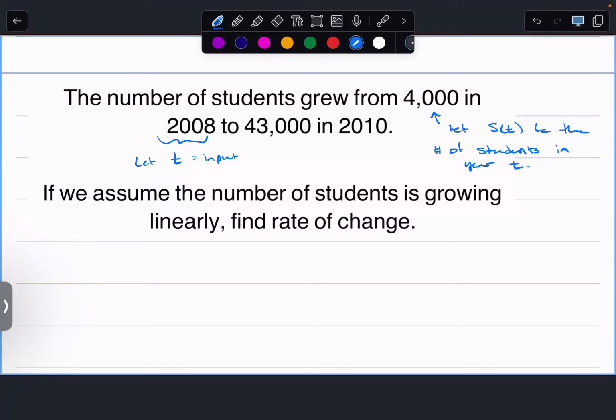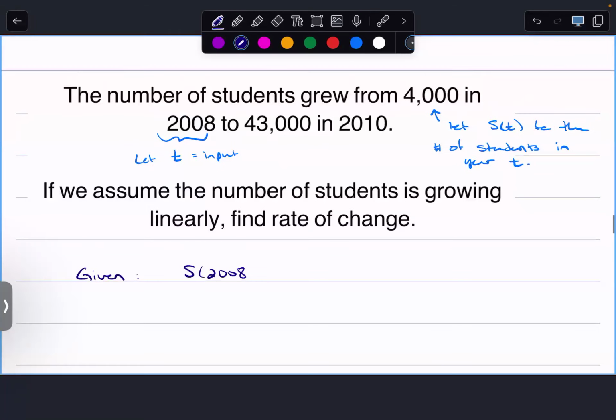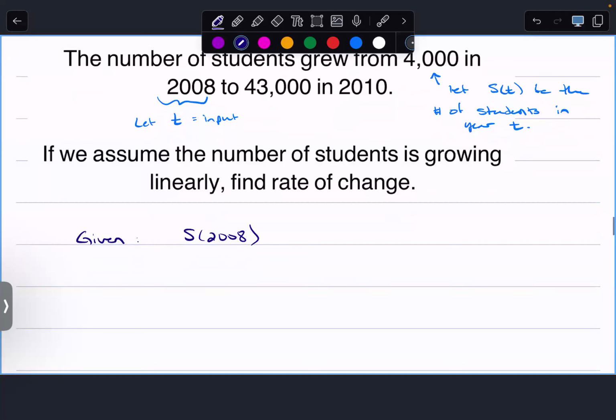So then, what are we given? We're given that S of 2008, usually what we do with years is drop the 2000 and just use 8 and 10, years from 2000, but we'll keep it nice and simple here.